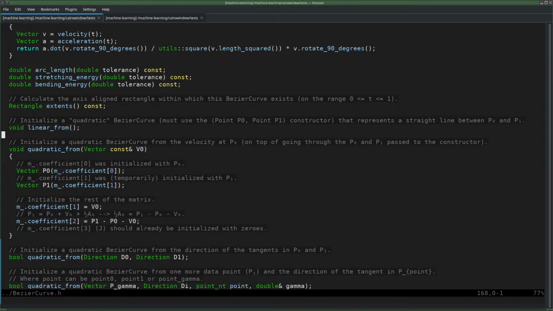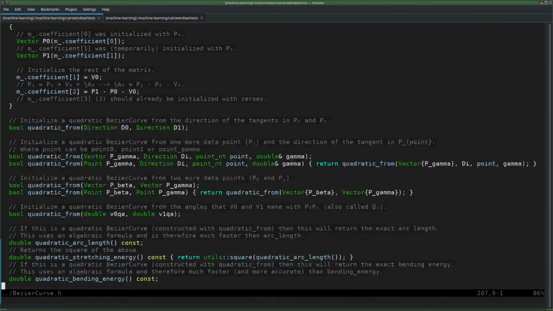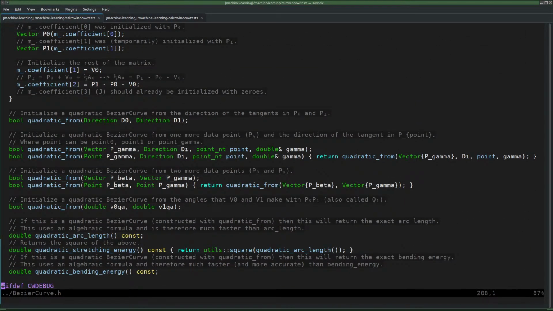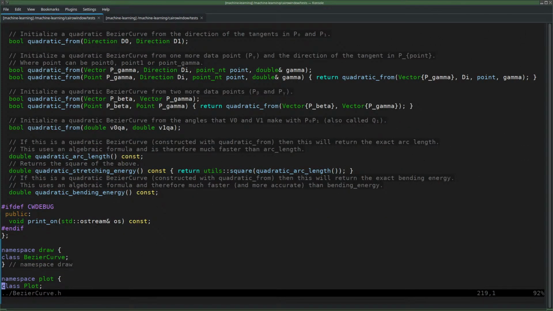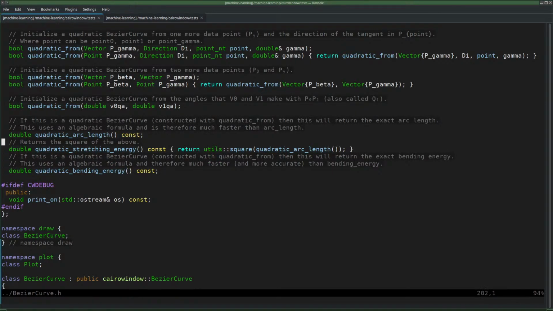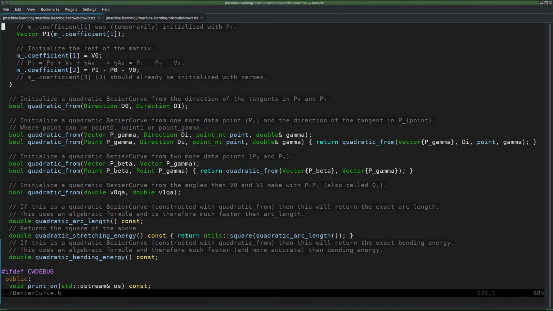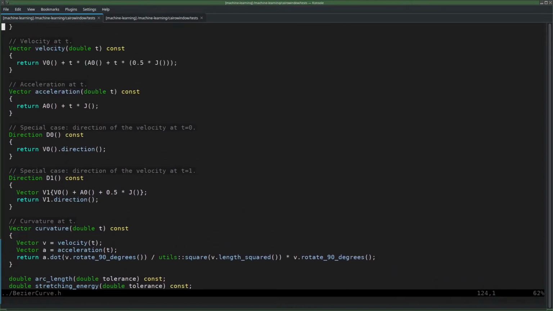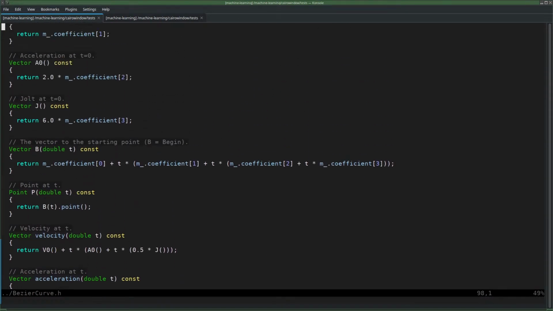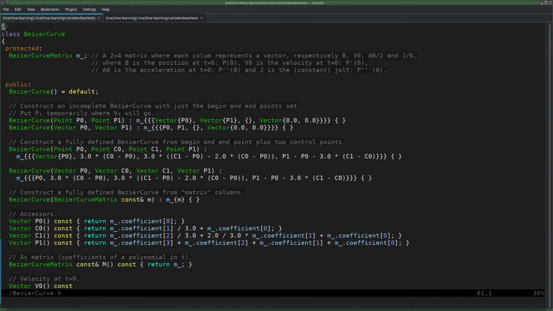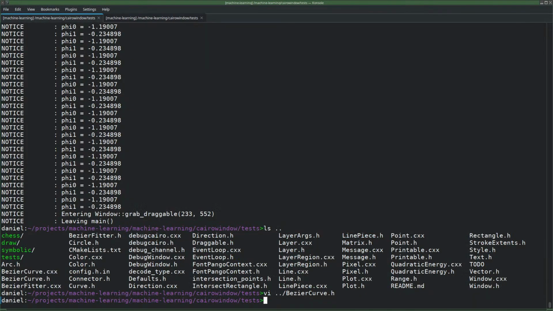Oh, that's a blah blah from. Linear from, quadratic from, quadratic from. So that's not gonna work. You definitely need a cube one. So with what I have at the moment, I need to calculate my control points myself before I can construct this object, unfortunately.